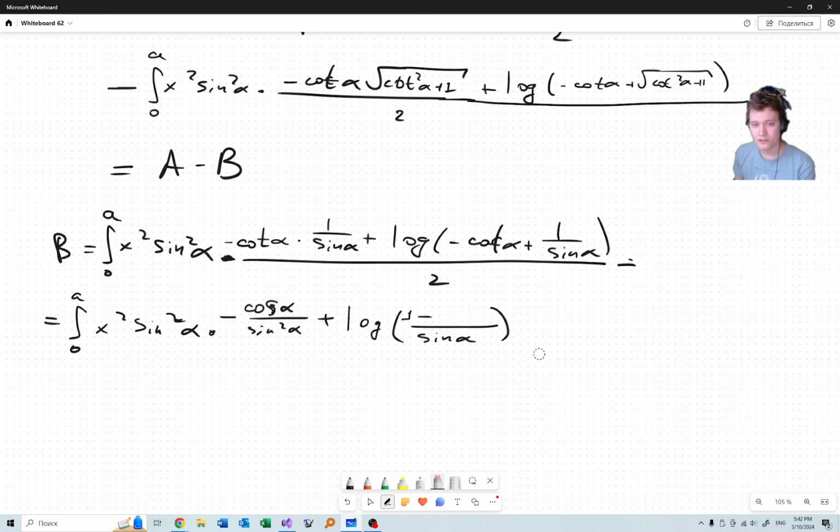Yeah, because we know that 1 minus cosine alpha is 2 times sine of alpha half squared. Correct?